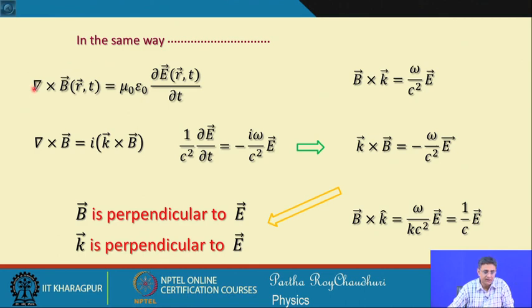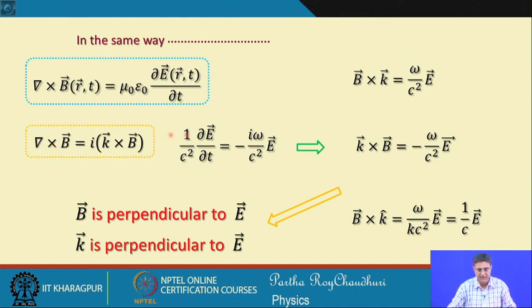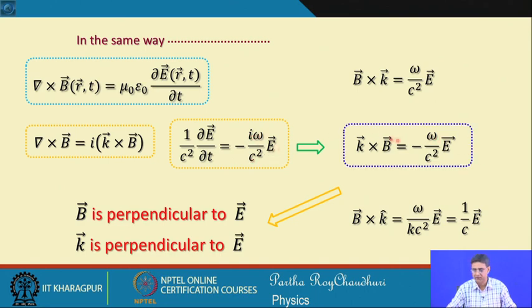So, I get the equation for del cross B and del E del t in this form. Now, if I use the left hand side and right hand side together, I may write that k cross B must be equal to i omega upon c square into E. So, look at this equation.